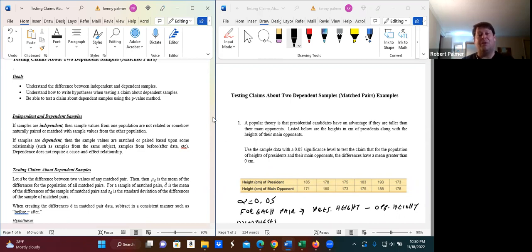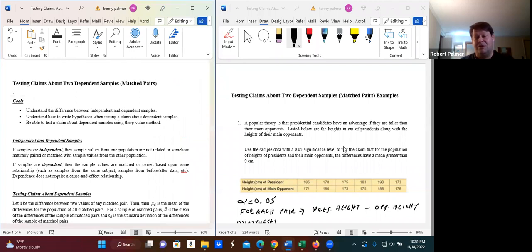Then we learned that we create a sample of differences, where we subtract each value from its match, like a before and after, or in this case the president minus the opponent. We create that column of values, find the mean and standard deviation of that set of data, and then create our hypotheses based on that.